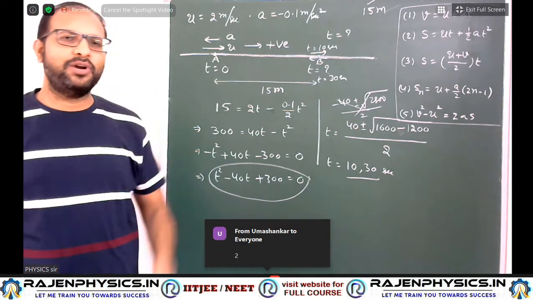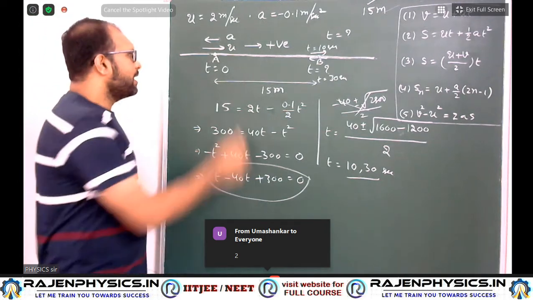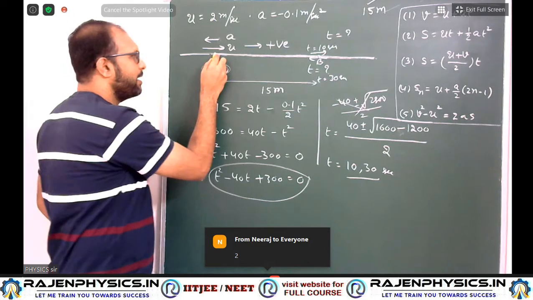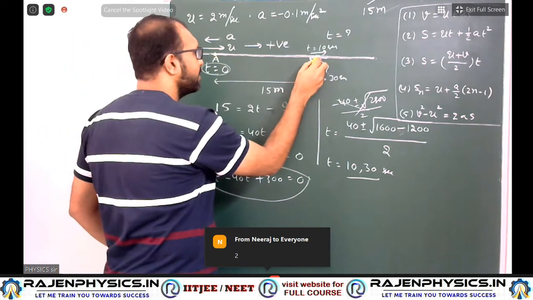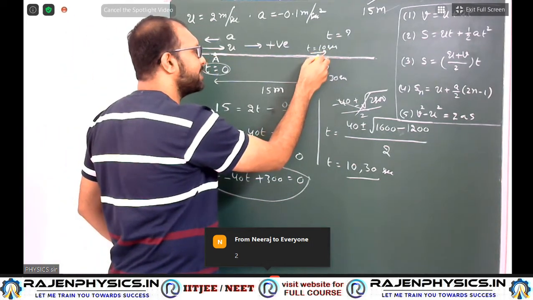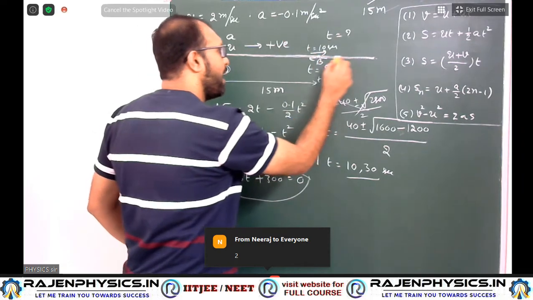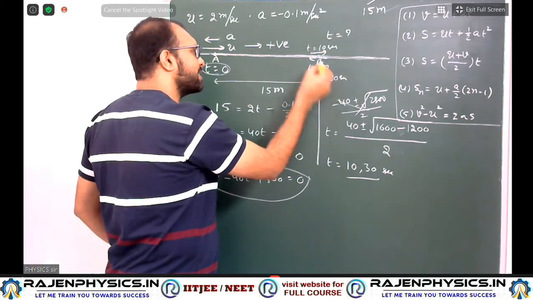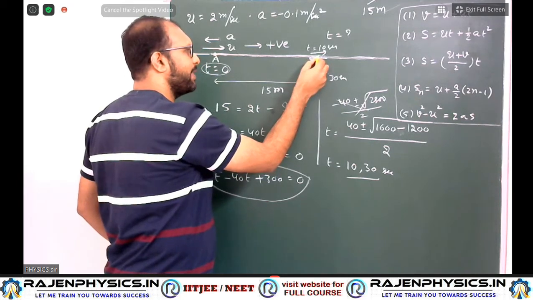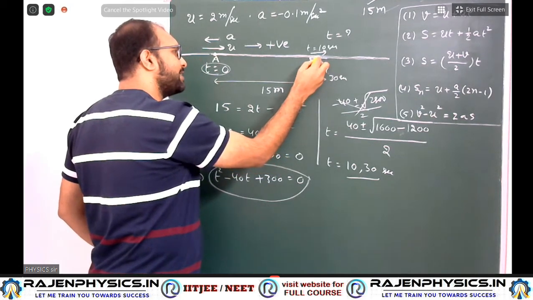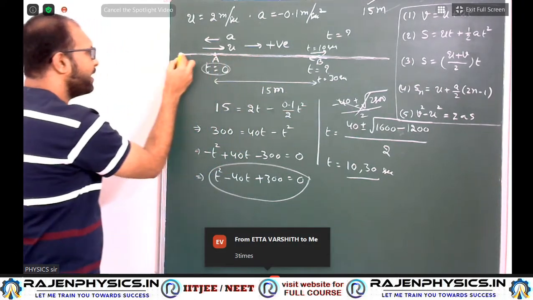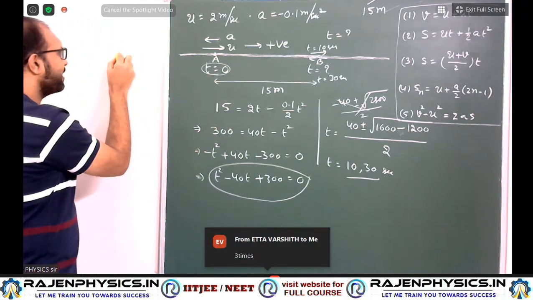But now see, at t equal to 0 here started. Now moving, at t equal to 10th second one time, going and again coming. At t equal to 30 seconds another time, and after that moving this side and going here.